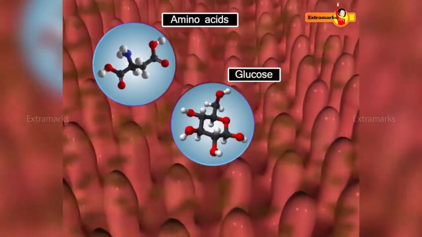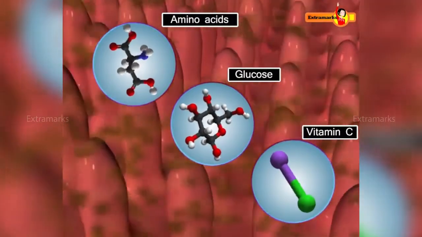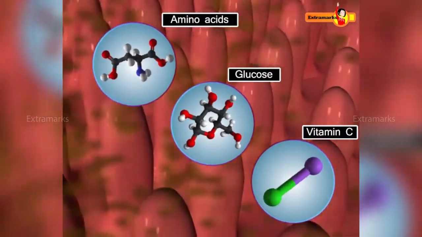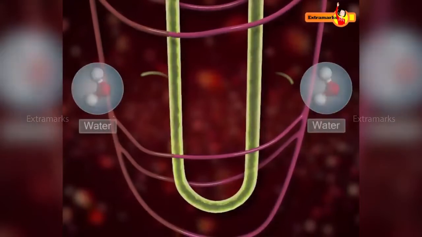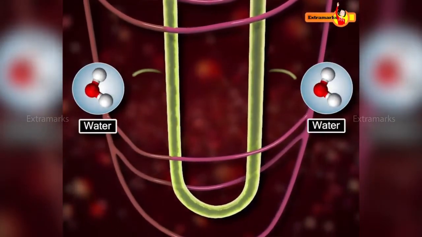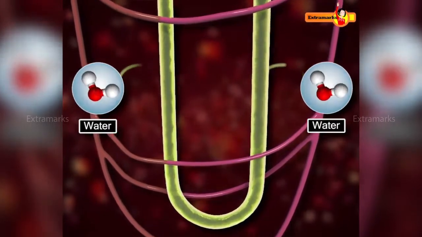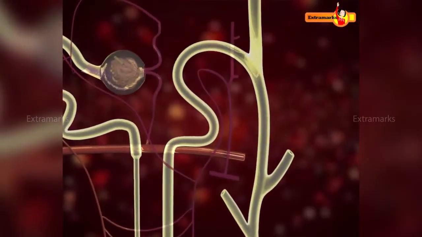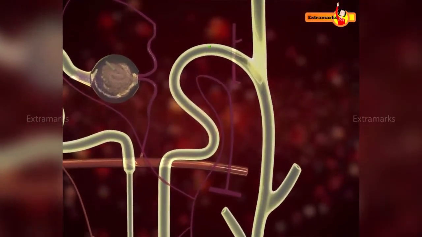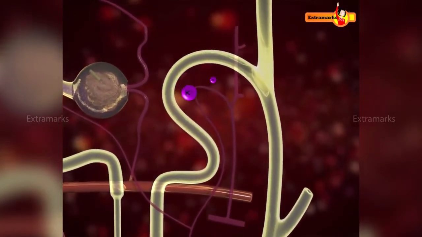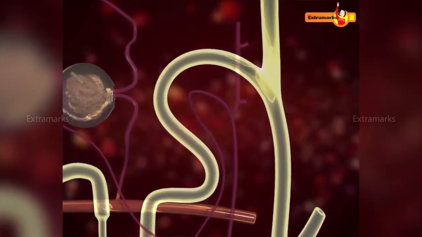Substances such as amino acids, glucose, and vitamin C are also reabsorbed. Almost 99% water is reabsorbed in the loop of Henle from the urine. The ions reabsorbed are sodium, potassium, and calcium.